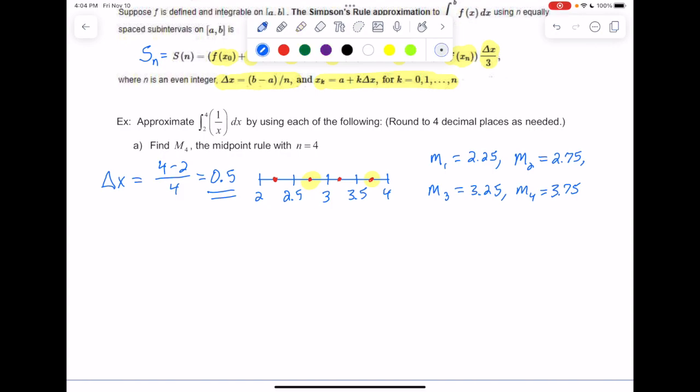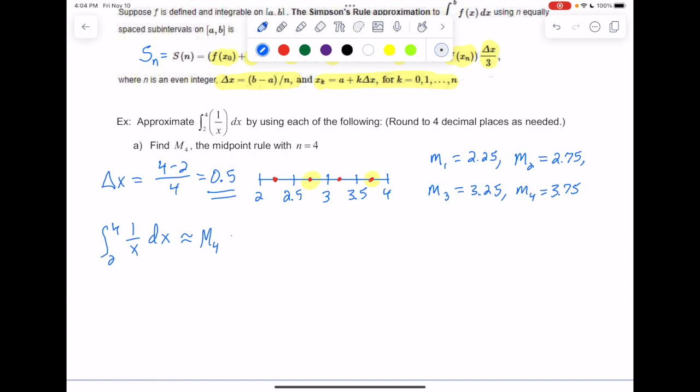Now let's use that to go ahead and approximate the value of the integral. The integral from 2 to 4 of 1 over x with respect to x is what we're looking for. We're going to approximate that using 4 rectangle areas calculated using the height at the midpoint.